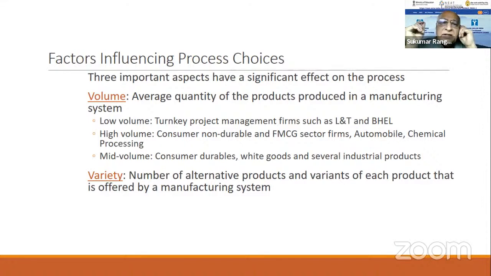The other is the variety, the number of alternative products and variants of each product that is offered by a manufacturing system. The product may look the same or similar, but the variety needed by the customer, or what we call in retail terms stock keeping units or SKUs, may be different.